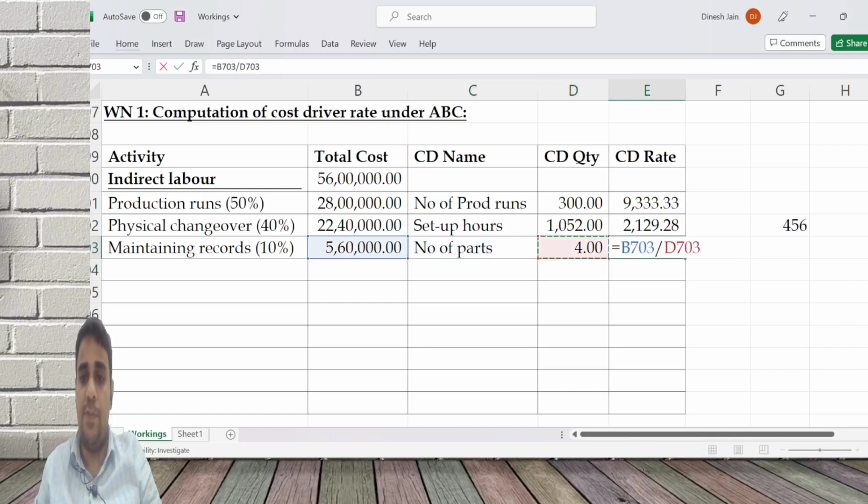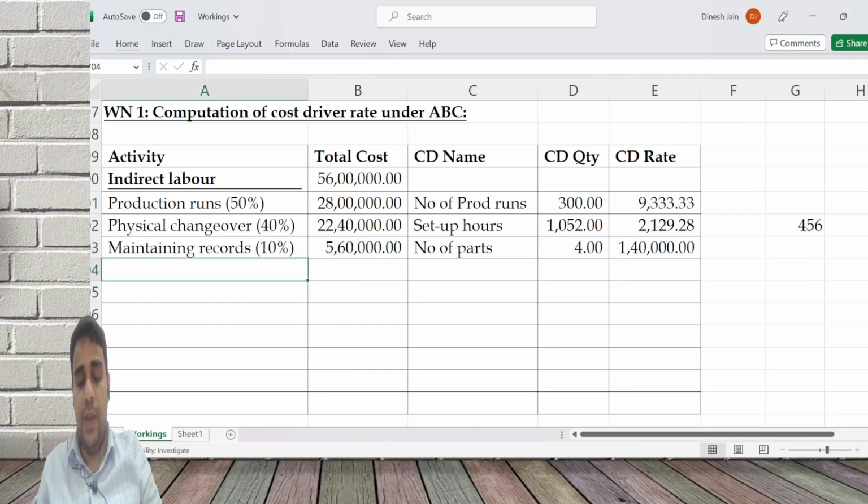This will go equally to every product. This is apportioning 56 lakh of the 1 crore 20 lakhs.